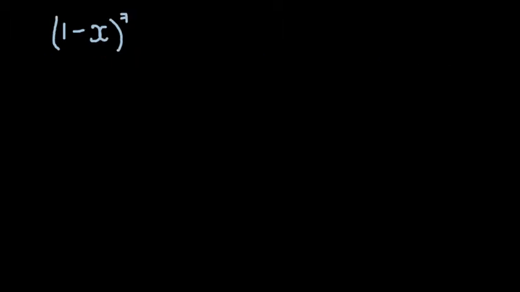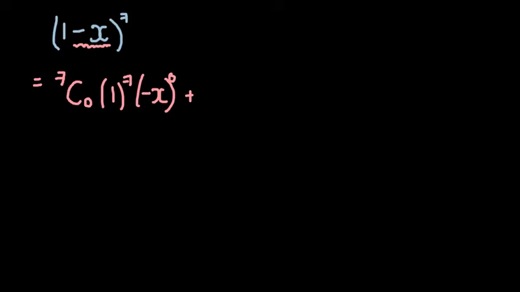Okay, let's do one more example just to make sure we're all on board with this. So first term, 7, because that's my highest power, and I'm going to pick no x's. 1 is going to have all of my power, and I have a minus x. So the minus must get included there. That has none of the power there. Let's just do up to the x squared term here.